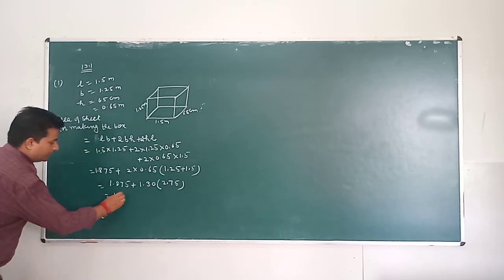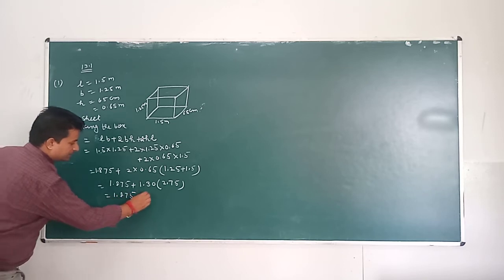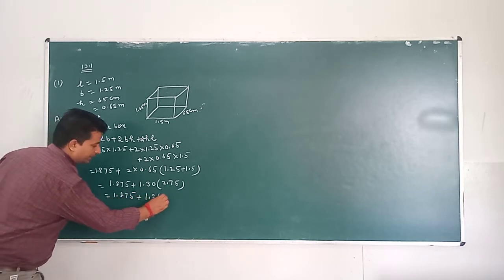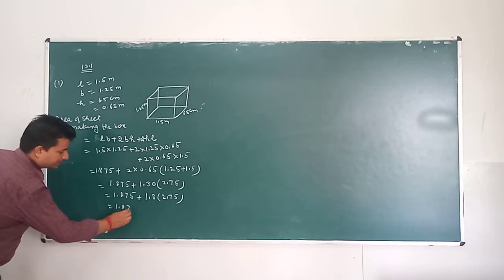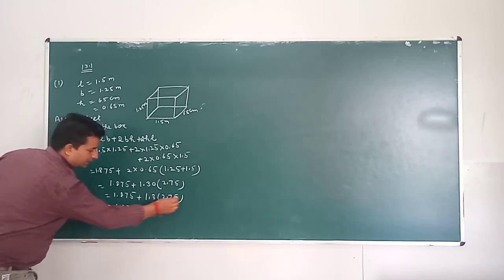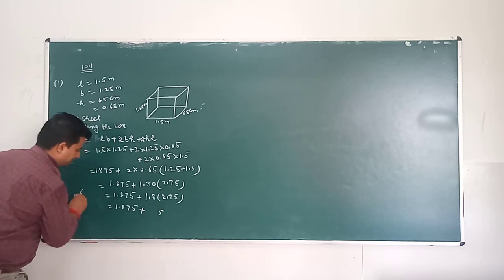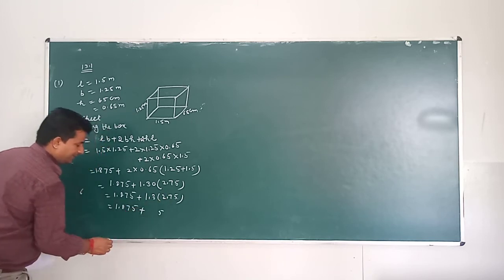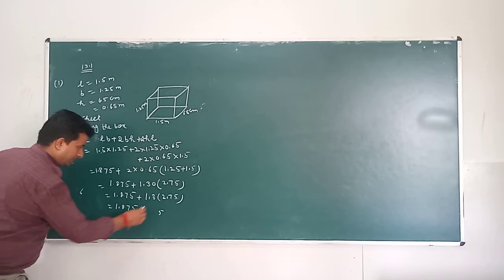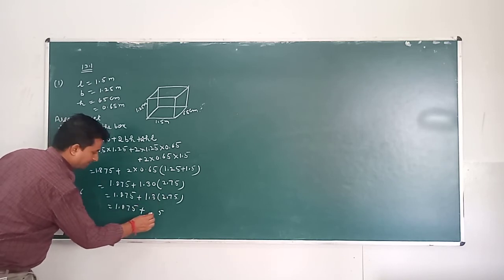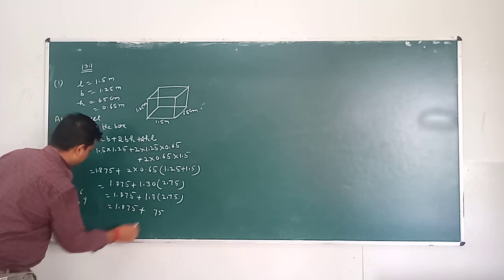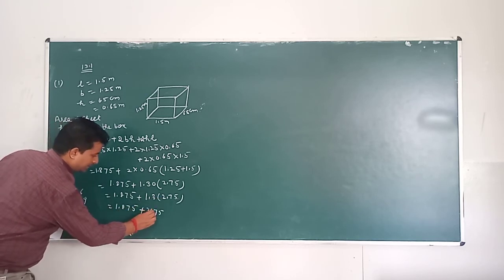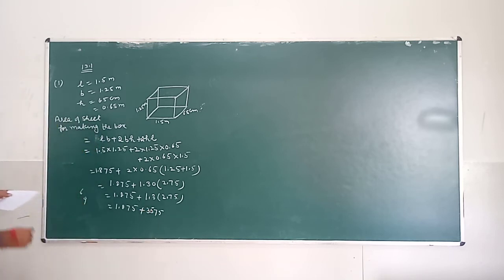So this is 1.875 plus 1.3 into 2.75. 1.875 plus 1.3 into 2.75 is 3.575.